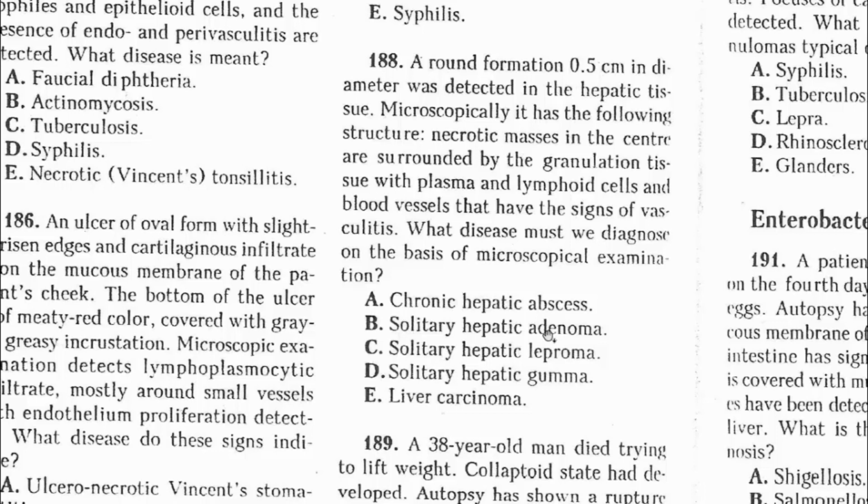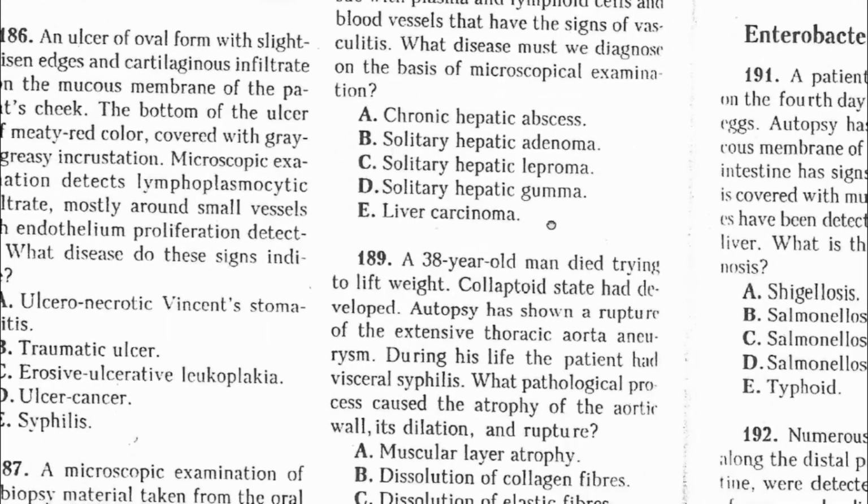Singular gumma, which is a localized area of necrosis which may affect large parts of any organ or tissue, particularly bones, testes, and liver, and it looks like a white-gray, rubbery formation. Now, this is therefore a solitary hepatic gumma. That is the one closer to our definition.